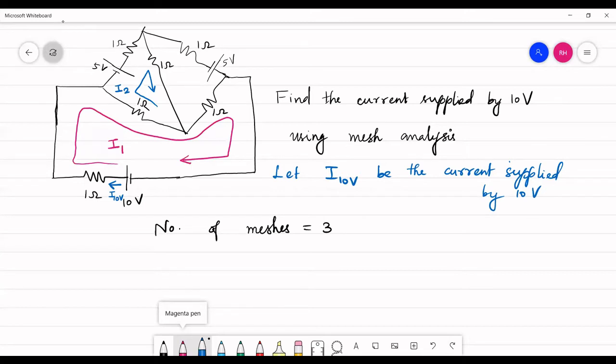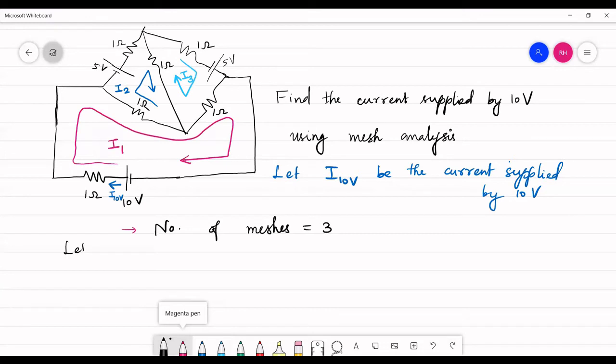And then let the third mesh have a current I3. So now, based on the direction, so now I'm taking you to the next step. So first step, we have identified the number of meshes and we have assumed the mesh currents.